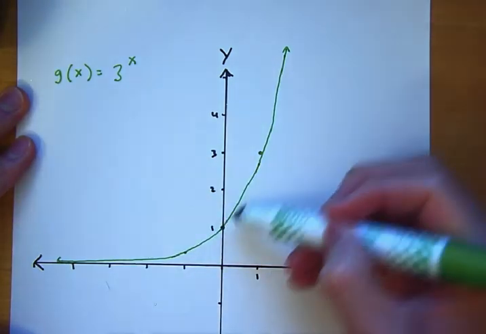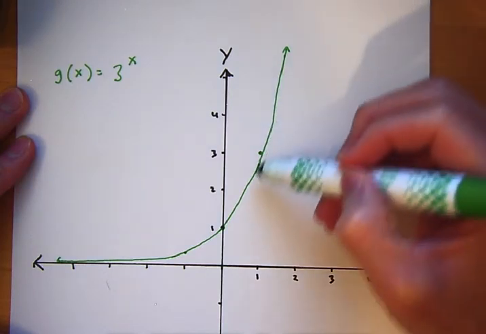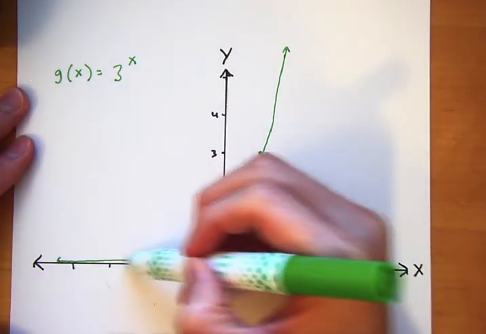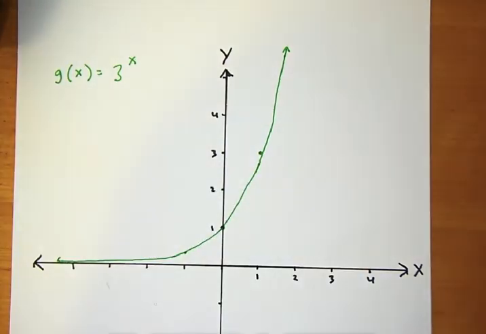Going towards the right, it increases very quickly. And coming down this way, as it's dividing by 3, it gets closer and closer to 0, but it actually never reaches 0.